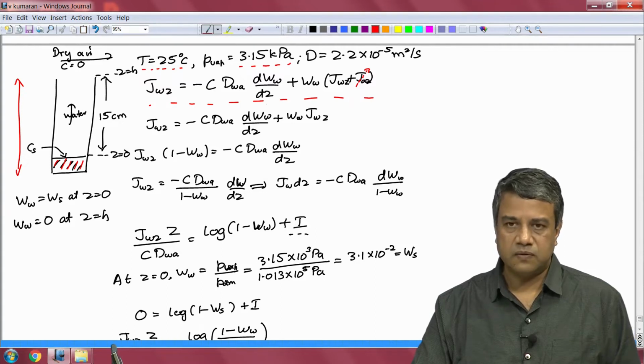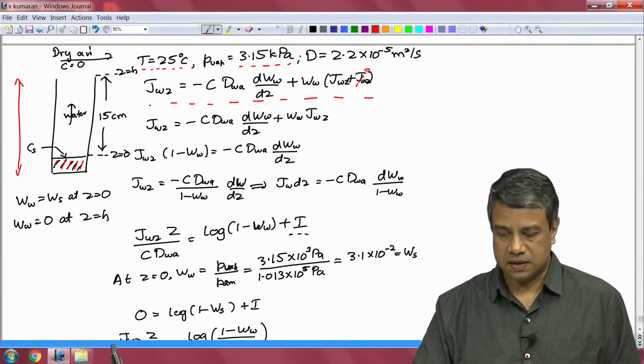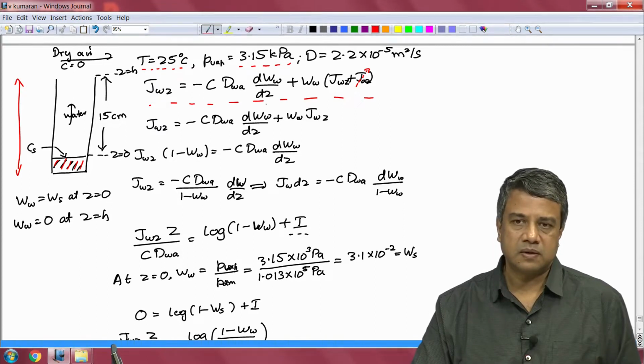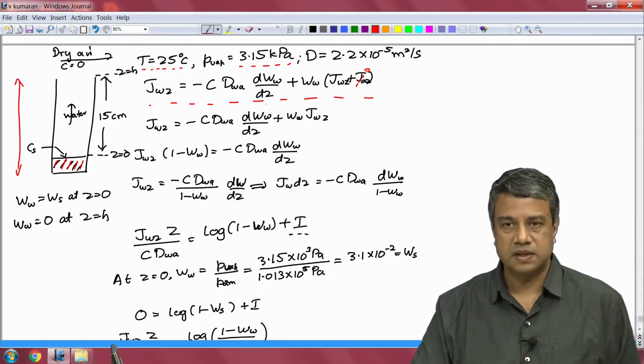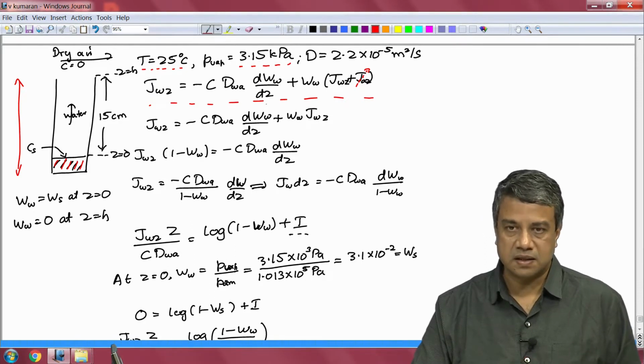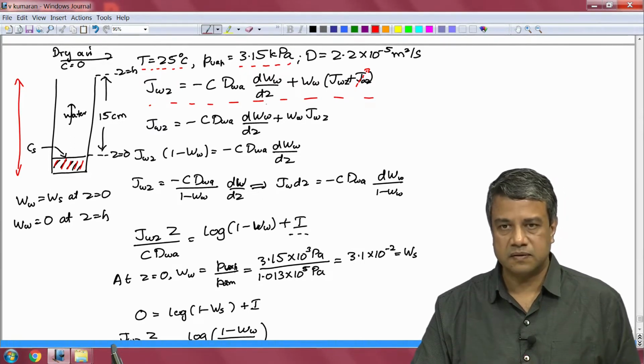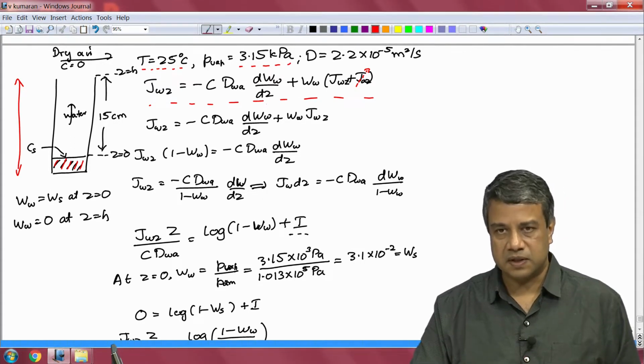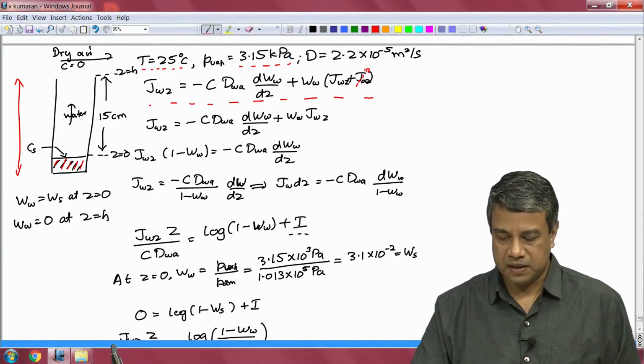However, the volume of water that is evaporated is much smaller than the volume of water vapor that results. There is a factor of about 1000. The liquid density is about 1000 times or 800 times the density of gas, and because of that the volume of water that is evaporating per unit time is much smaller than the volume of water vapor that is coming out per unit time.